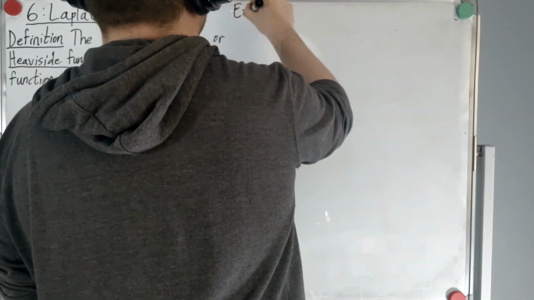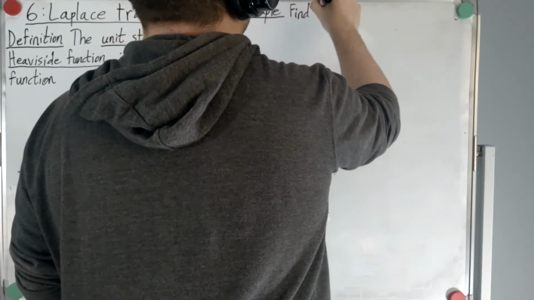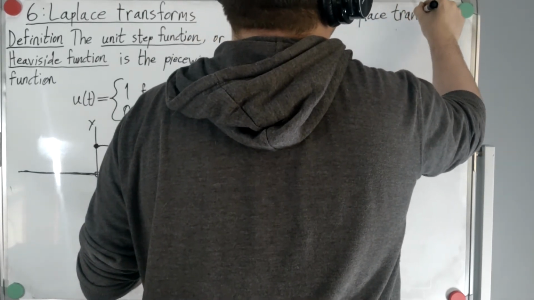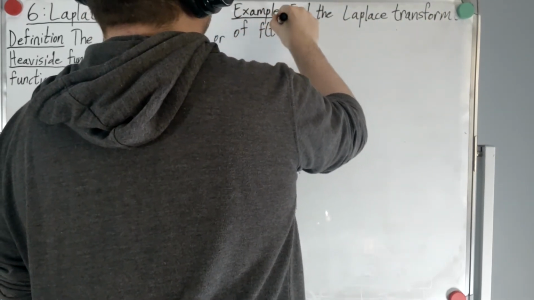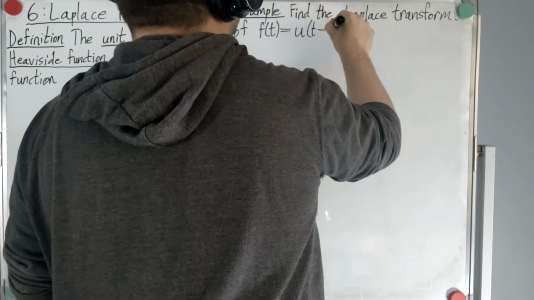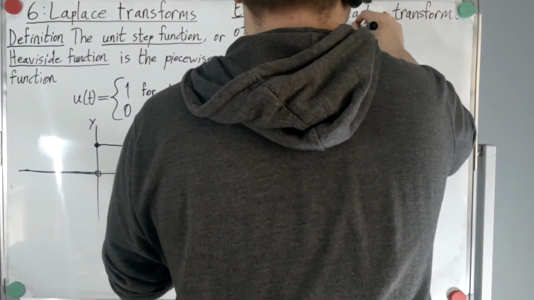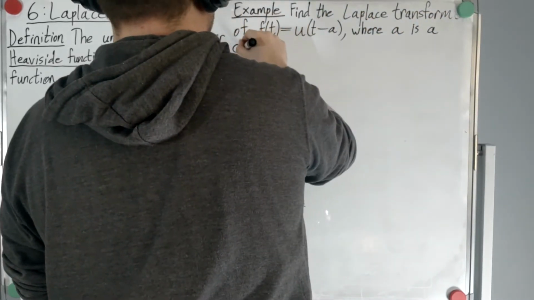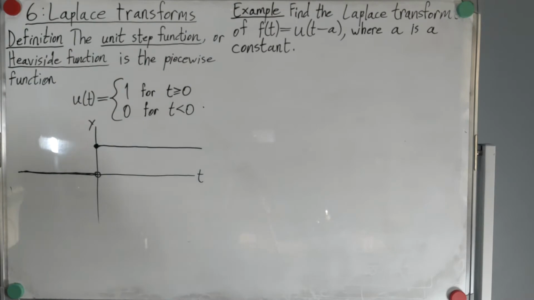So example, find the Laplace transform of f of t equals u of t minus a, where a is a constant. Okay.